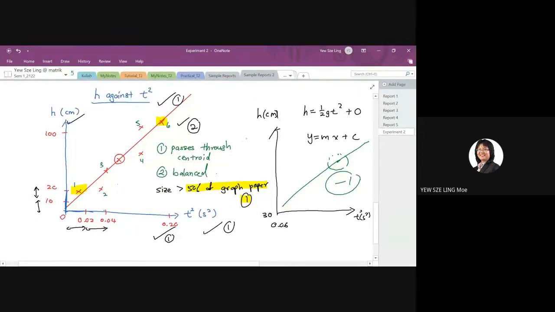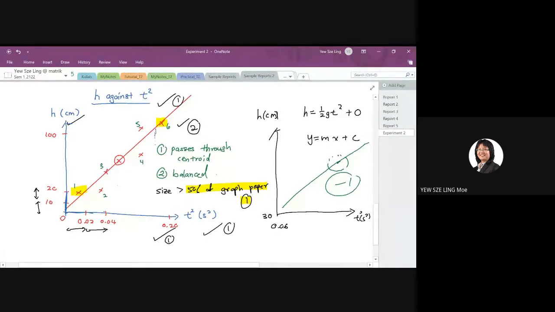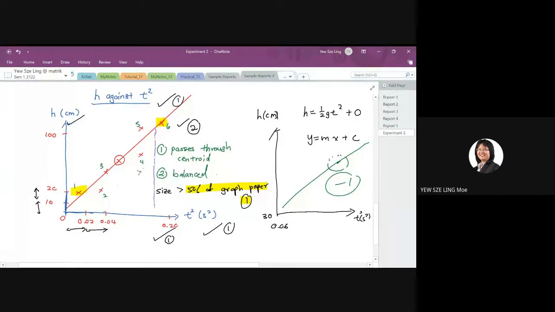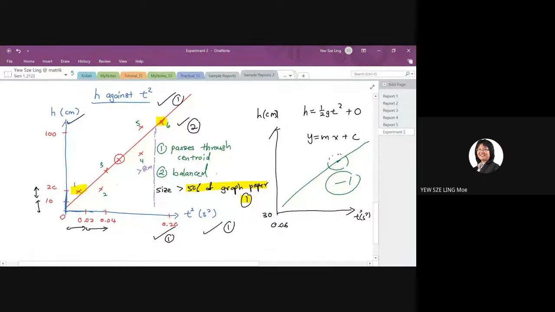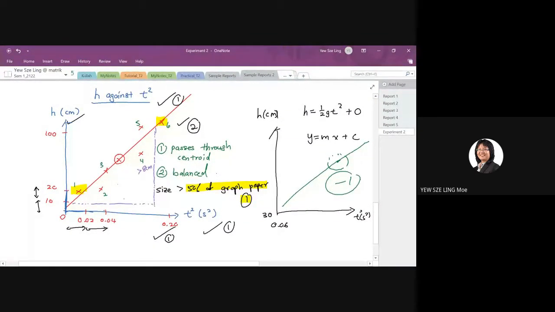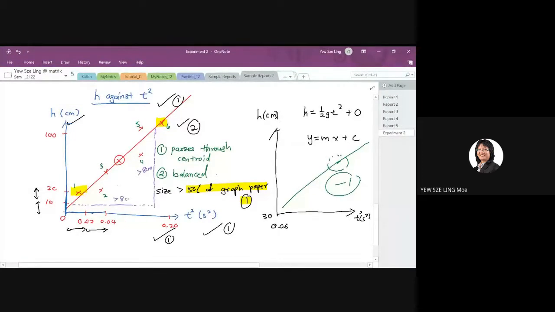And the triangle also must be big enough. All right, so we draw a triangle with a condition. The vertical line must be greater than x cm, and the horizontal line is also greater than x cm. That is the first condition.